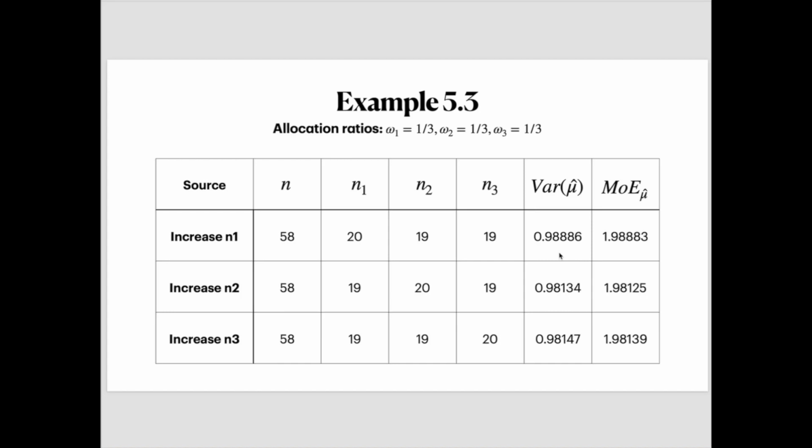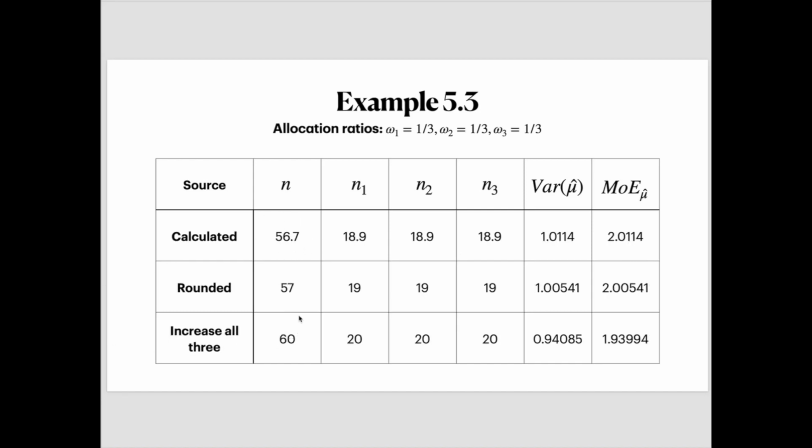The variance of mu hat would then be 0.98886, and the margin of error of mu hat would be 1.98883. And so you see we do have a margin of error that is less than or equal to 2. And notice that this sample size is less than the 60 observations on the last row of the previous slide, which also gave us a margin of error of less than 2.